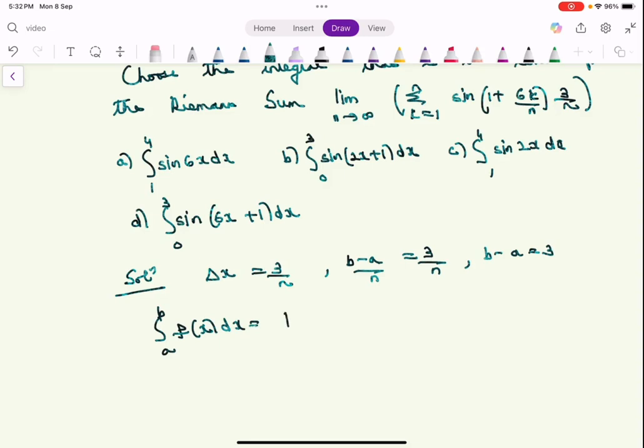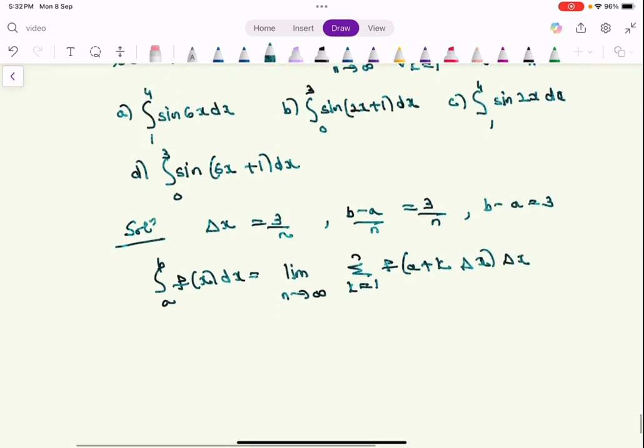So for your integral a to b fx dx, what is the formula? I'll just write it once more. This is limit as n tending to infinity summation k equal to 1 to n f of a plus k delta x into delta x. That would be limit as n tending to infinity summation k equal to 1 to n. What is a here? You have the question here, sine 1 plus 6k by n into 3 by n.